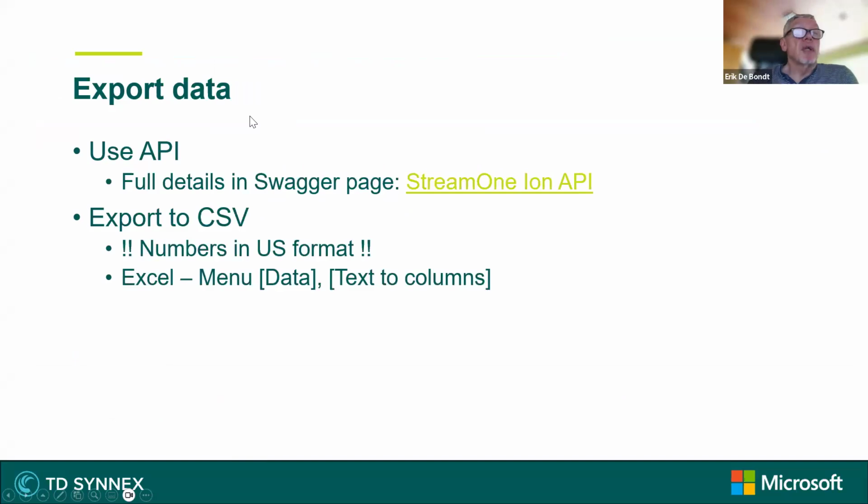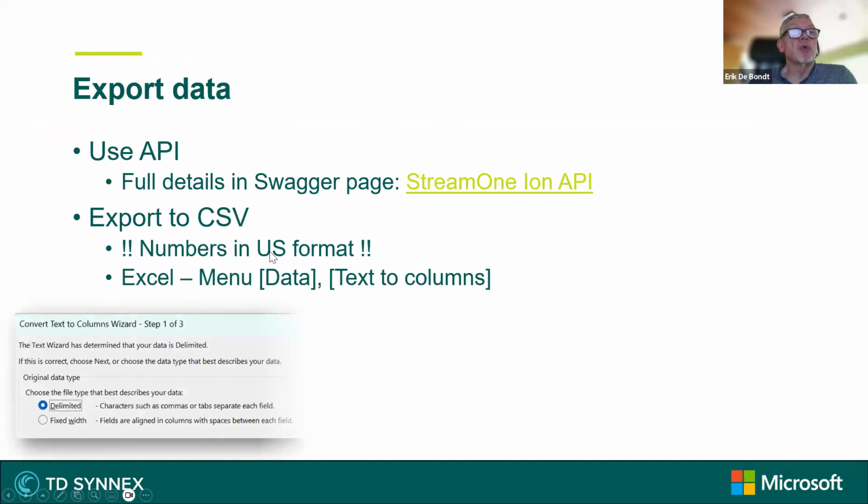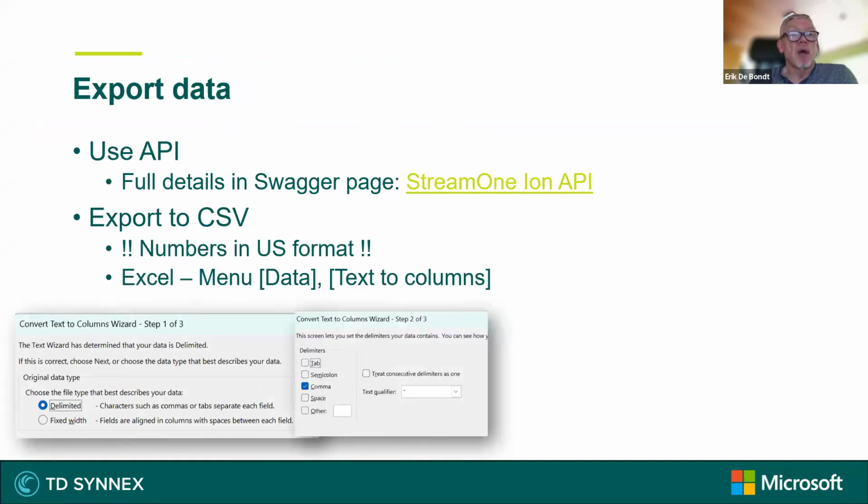You can also use the APIs. There's a full Swagger page on how the API works, so you can automate stuff. You can get data out and inject it immediately in the ERP system without human interfacing. Or you can export to CSV, where, as I said, all numbers are in US format. So basically what you should do, as I showed in Excel, is select delimited and make sure the comma is selected.